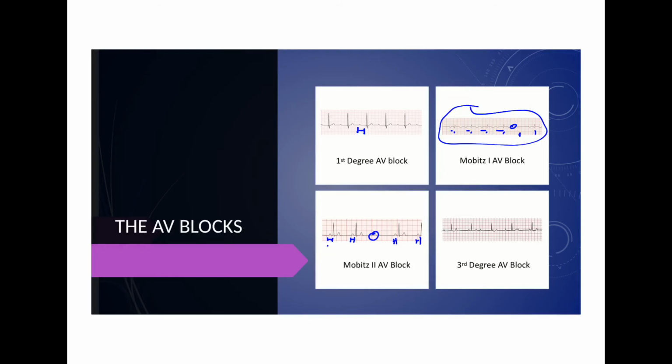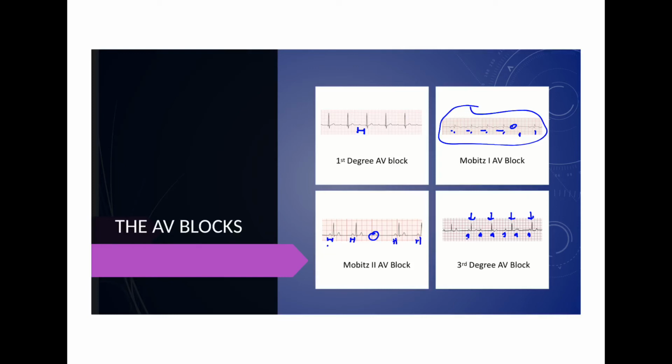In the third degree heart block, again, we see P waves here, here, here, here, here, and here. But there's no clear association between these P waves and the QRS complexes that are surrounding them.